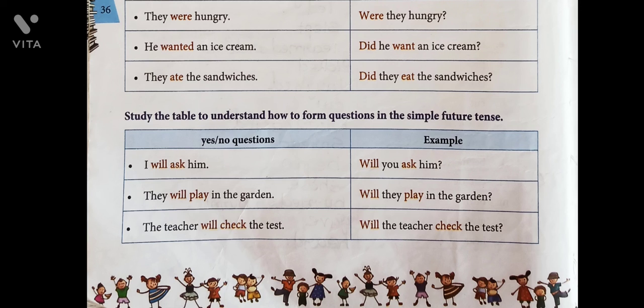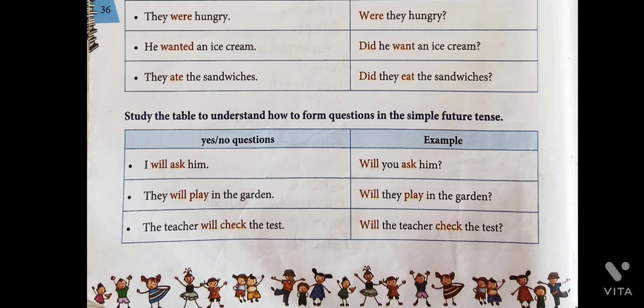Second sentence. They will play in the garden. Here will plus subject plus verb and the rest of the sentence. They will play in the garden. Will they play in the garden? The teacher will check the test. The formula is will plus the subject plus verb plus whatever is there in the sentence.